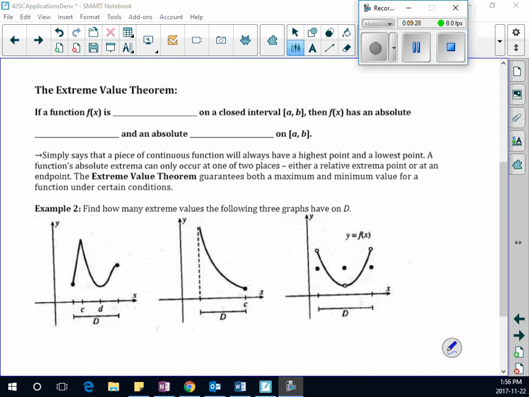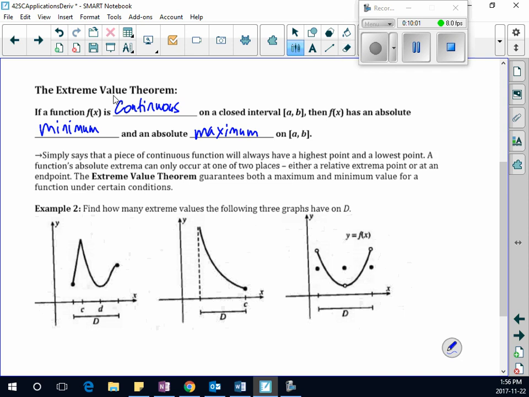So if a function is continuous on a closed interval a, b, then f of x has an absolute minimum and an absolute maximum. Basically what it's saying is that if you have a continuous function, it will always have a highest point and a lowest point as long as the endpoints are actually included.